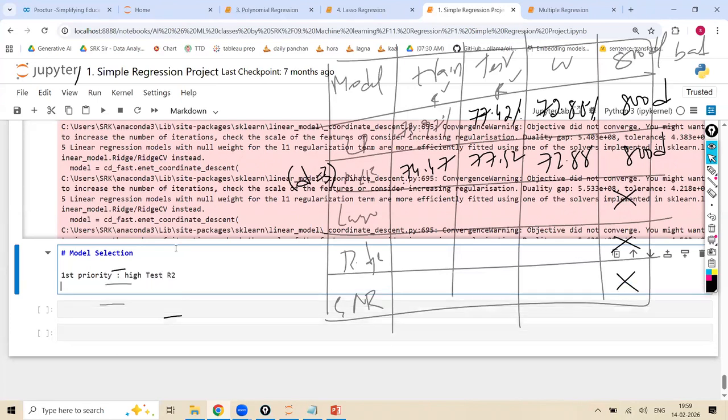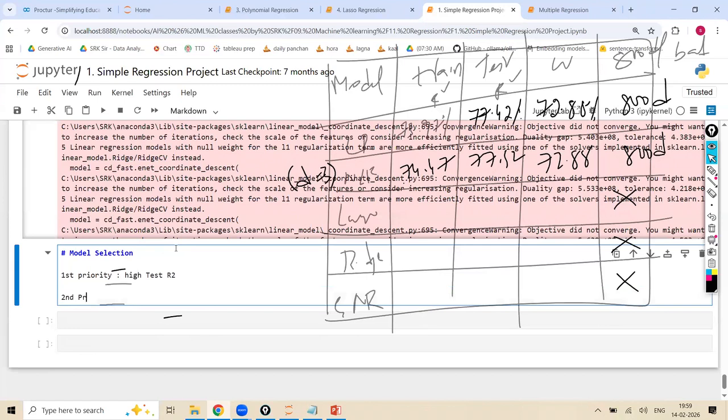That is the first priority. When will the second priority come? The second priority comes only if both models have the same test R square. Out of 2, always the first priority goes to the accuracy.